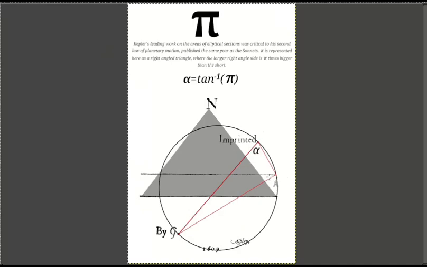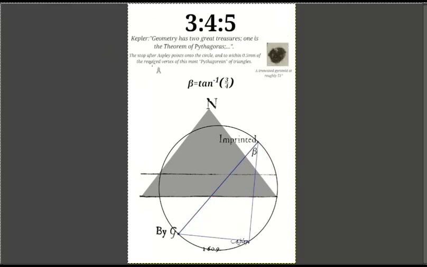So let's just go through what each of these 3 triangles are. The first one is defined as having a tangent of value pi, so alpha is equal to inverse tangent of pi. If I put a circle with a diameter of this small side, its circumference will be equal to this long side. Okay, and the second one is a 3, 4, 5 triangle.